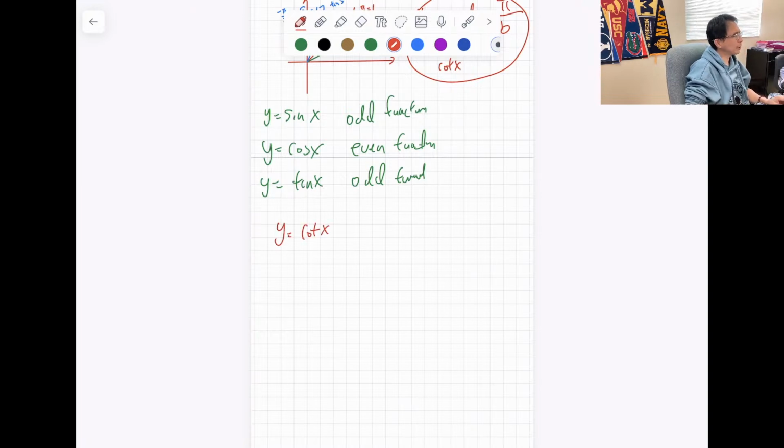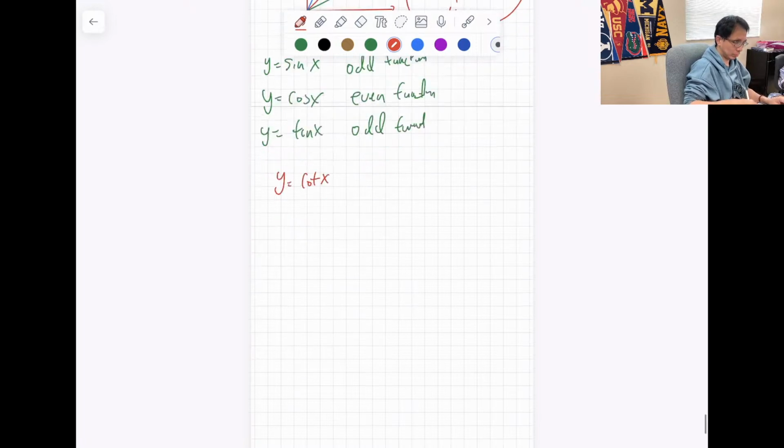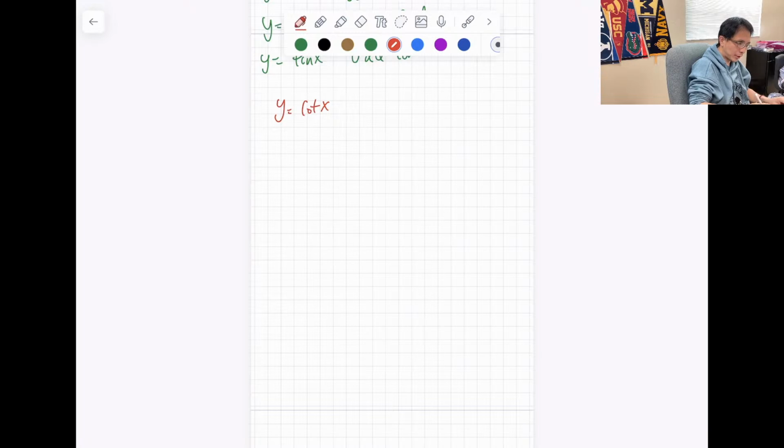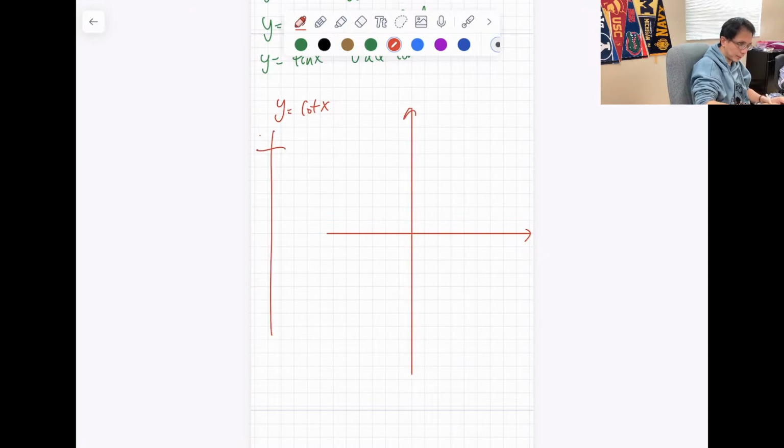Where do you think cotangent has an asymptote? So 0 is undefined. Where else? Pi. Okay, so it's 1 divided by 0. Okay, that's fine.